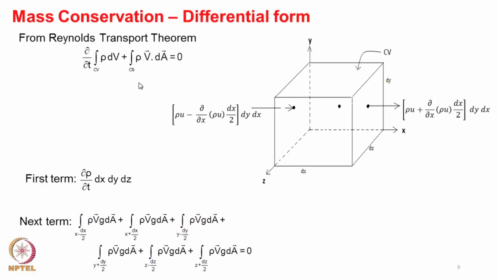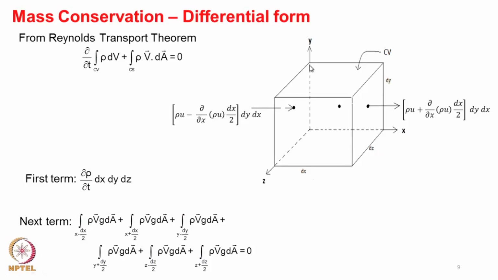Reynolds transport theorem we have already seen. If you substitute eta equal to 1, then you get N on the left hand side to be mass. So, that equation is put here again, and the volume is taken inside. So, ∂/∂t of the control volume integral of ρ dV will give you the mass, and this will give you the flux crossing the control surface. You find out the flux crossing at each control surface and you sum them up.